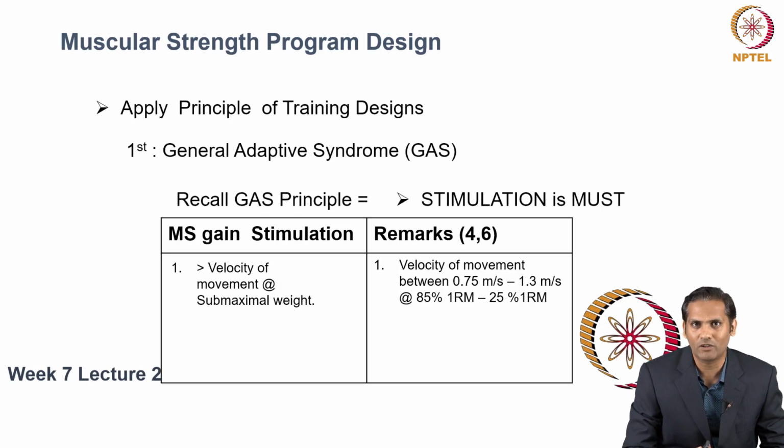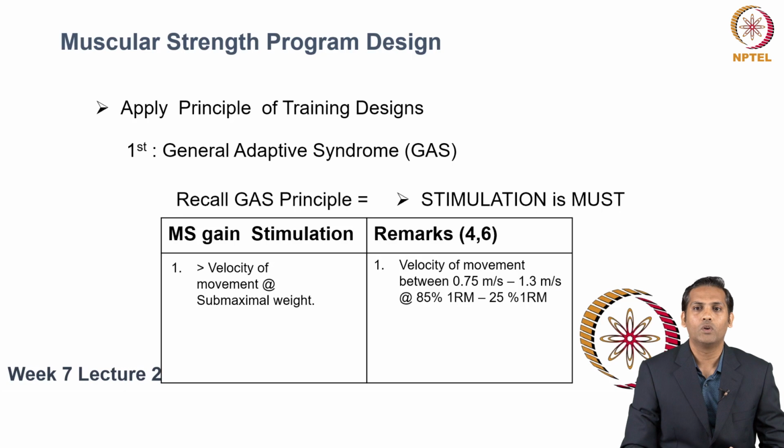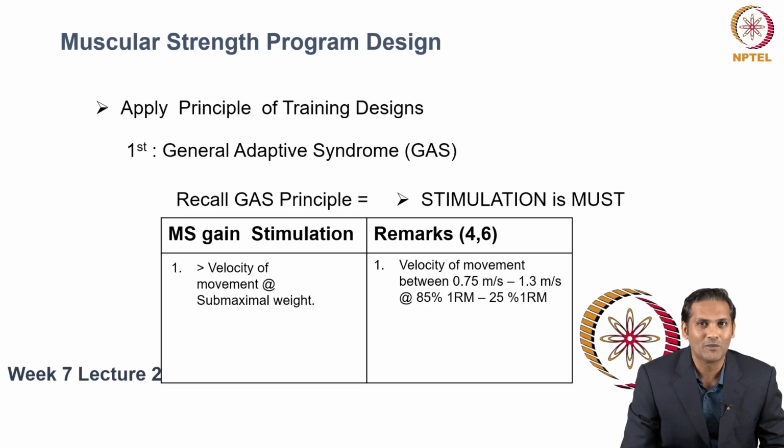When you use this kind of stimulation, the recommended velocity of movement is between 0.75 meter per second to 1.3 meter per second, and the corresponding weight is between 85% of 1 RM to 25% of 1 RM. You monitor the velocity of movement using the velocity based training method that is covered in week 5 of anaerobic training methods.